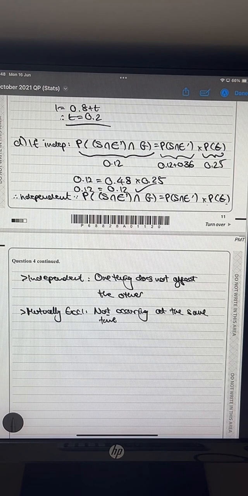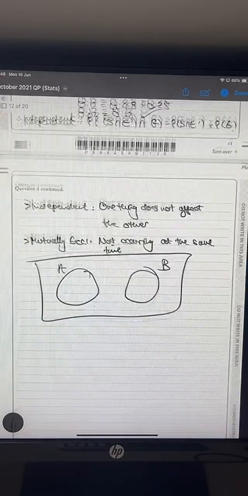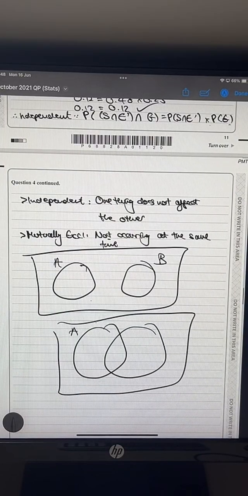Mutually exclusive means 2 things cannot happen at the same time. So if 2 things are mutually exclusive, in a Venn diagram, they would look like this as non-overlapping circles. So A and B are 2 events that cannot happen together. However, independent, they can still have an overlap.